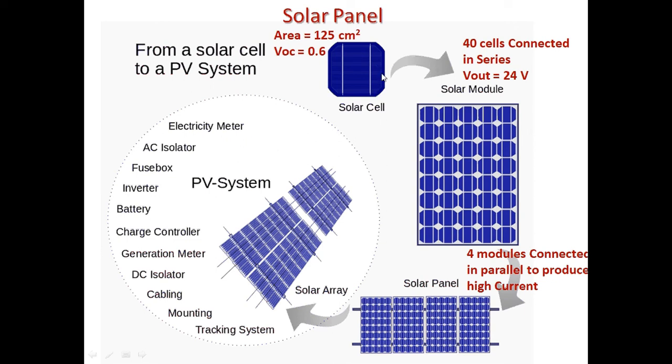You develop all your metal contacts, your anti-reflecting coating, and PN junction over this wafer, and then you produce one single solar cell of area 125 centimeters square, which has an open circuit voltage of about 0.6 volt.